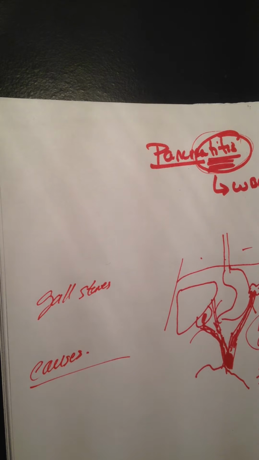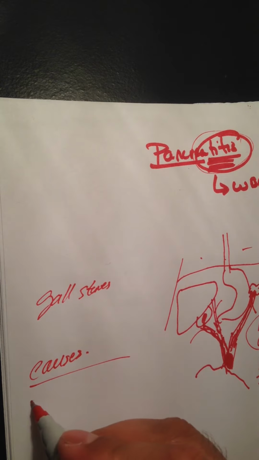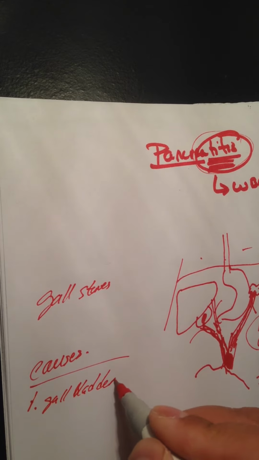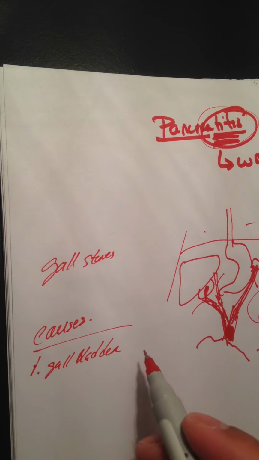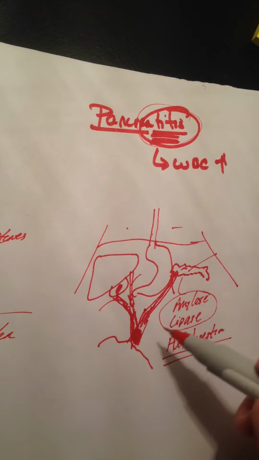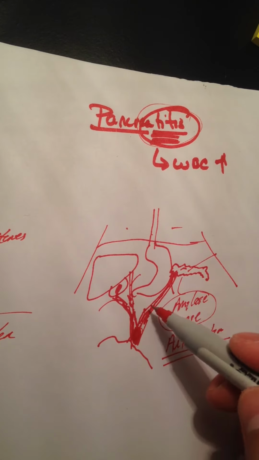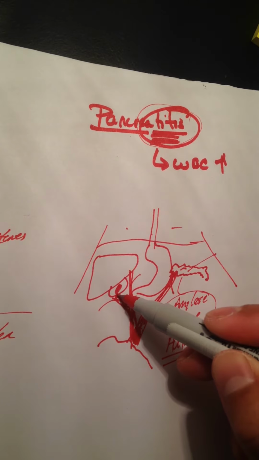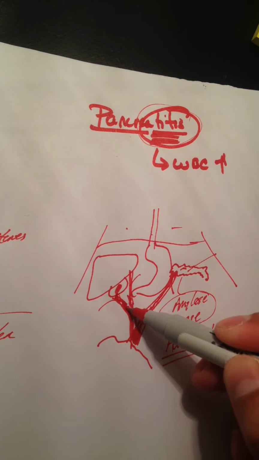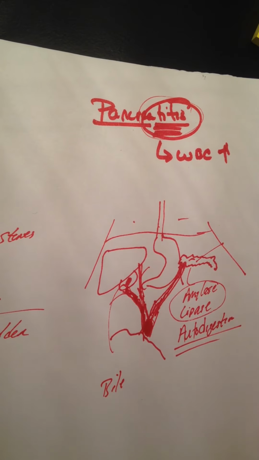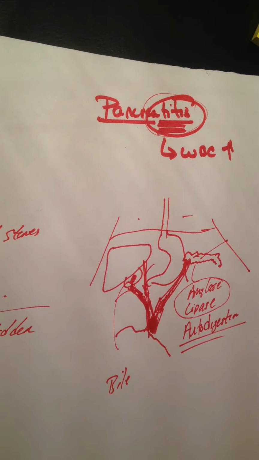Okay, so what are some causes? Number one, we just briefly talked about it. Gallbladder stones. And more importantly, gallbladder stones that cause an occlusion, cause a blockage. Now, here we just talked about how this is going to cause an occlusion for both the pancreatic enzymes, the liver enzymes, and the gallbladder. Well, the gallbladder secretes bile. Okay.